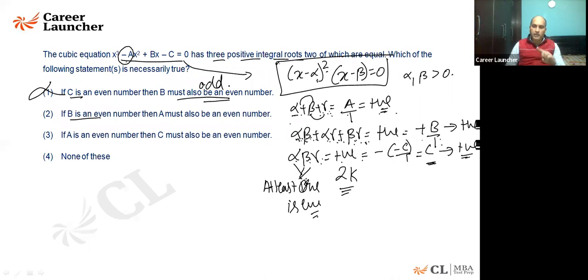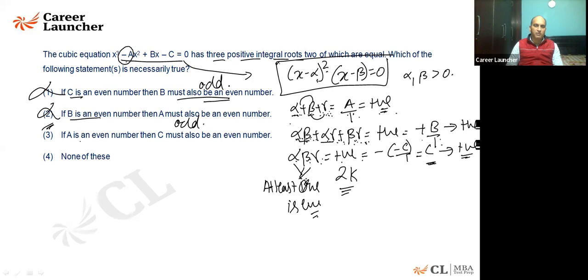Because if only one of them is an even number, this is even, this is even, this is odd. Not possible. So at least two will be even. If two are even, then in this case, the sum of two even numbers is even and this is odd. I can say this can be odd, or if all three are even numbers, this could also be an even number. I hope it is clear. So when B is even, A can be also odd or even. This also is not your answer.